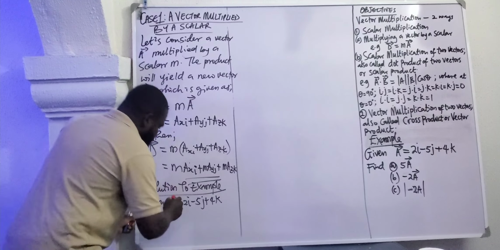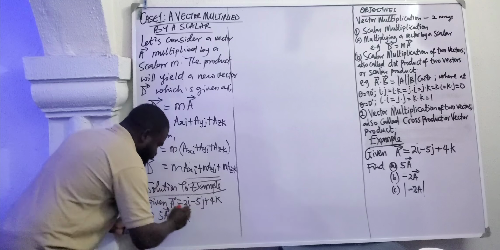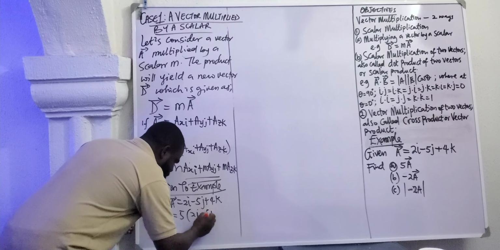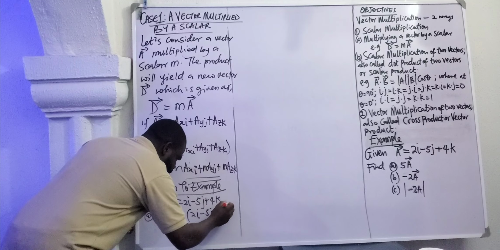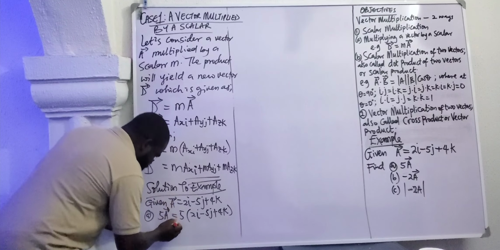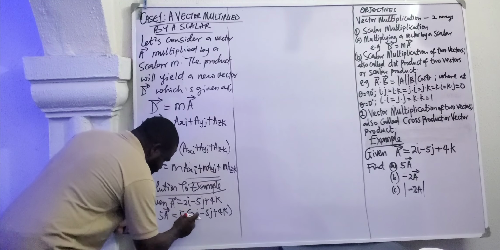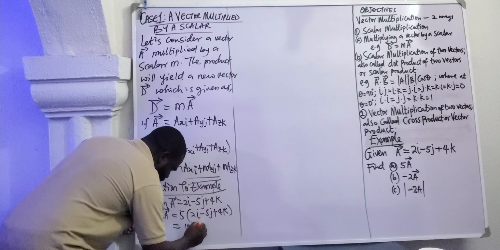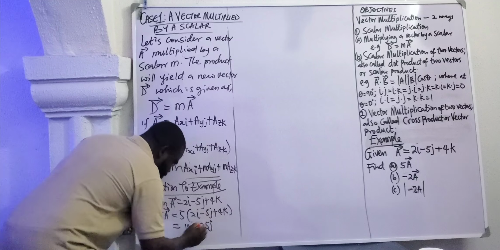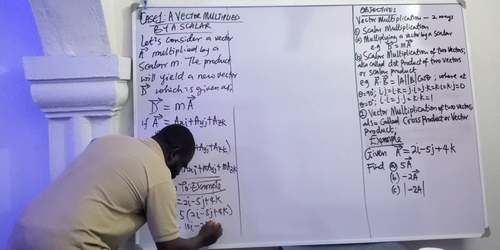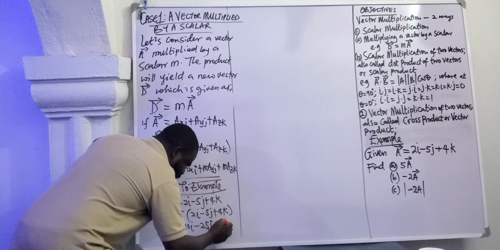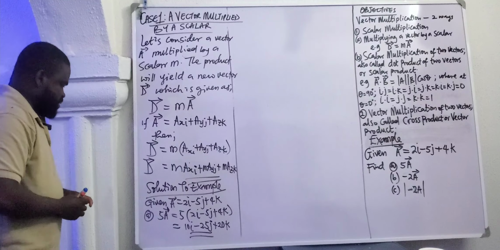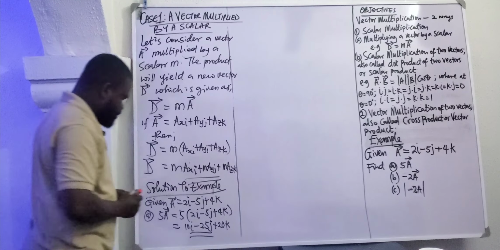So to multiply vector A, that will give us 5 open bracket 2i minus 5j plus 4k. If you multiply out, that will give us 5 times 2 is 10i, 5 times minus 5, that's minus 25j, 5 times 4, that will give you plus 20k. So once again, this is a new vector. That resultant is a new vector.